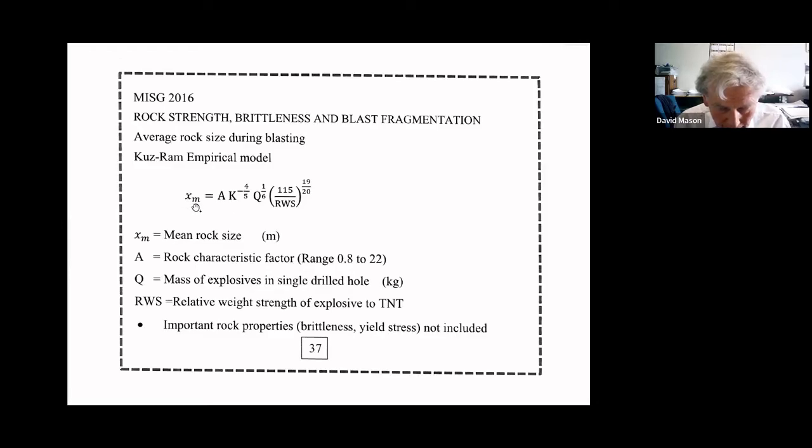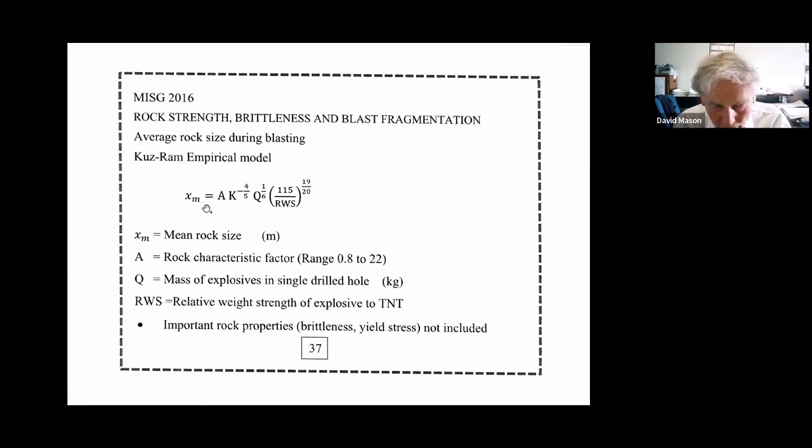Now they get the mean size of the rocks, because we put the mean value into a statistical distribution that gives the distribution of the size of the rocks.